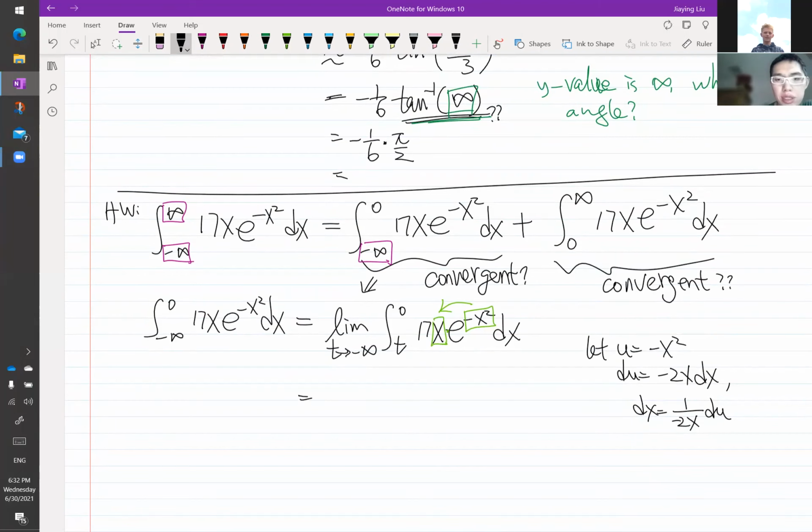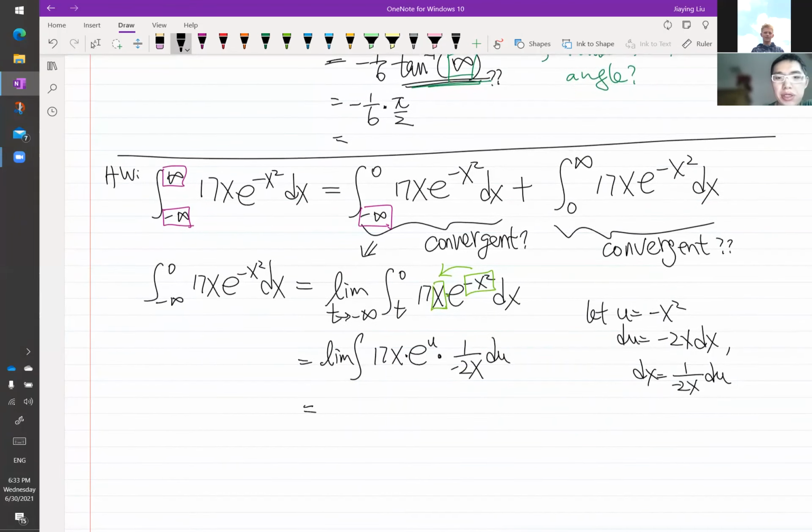So the integral, the limit stays, 17x times e to the u, and then I have dx, which is 1 over negative 2x du, which becomes the limit of the integral.